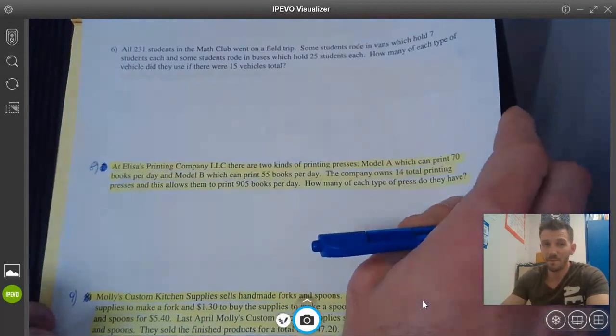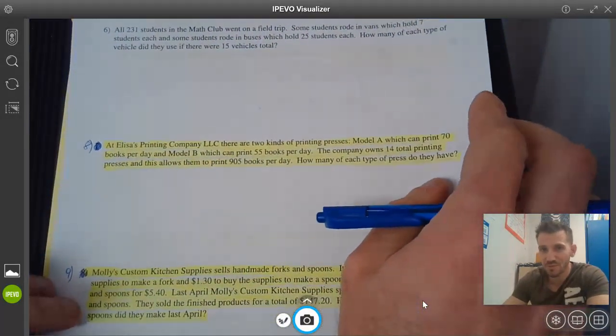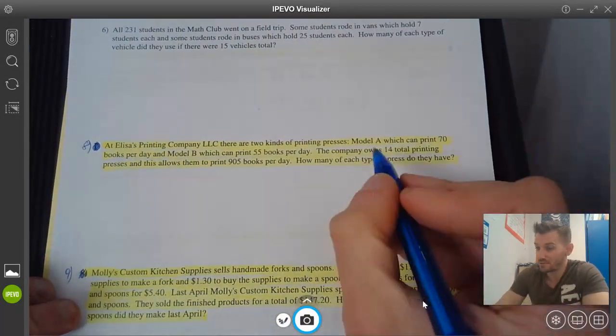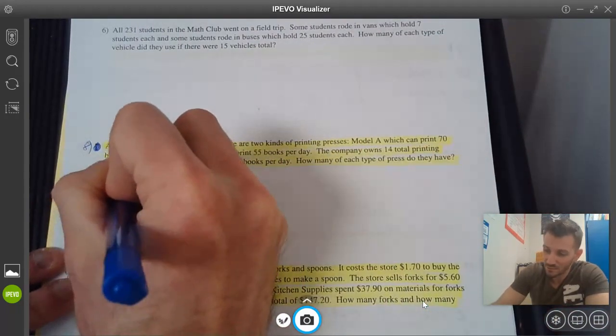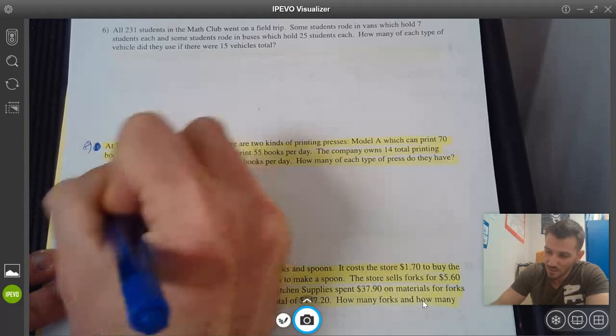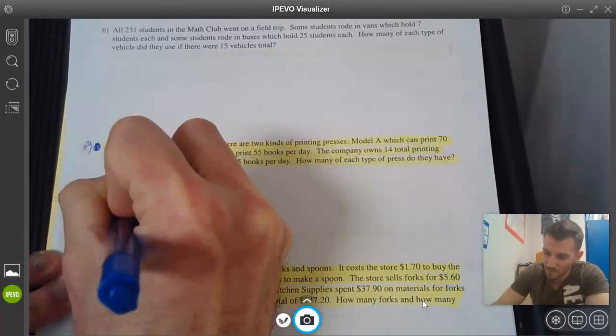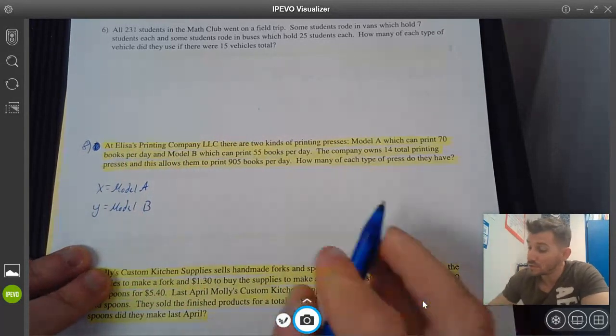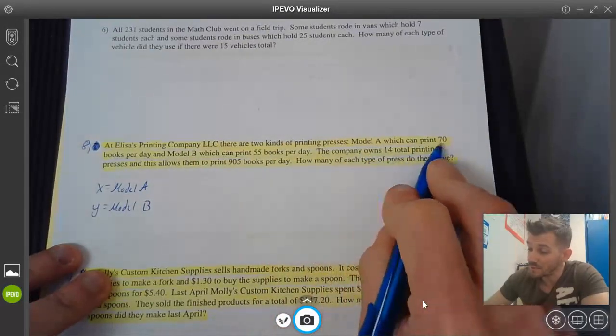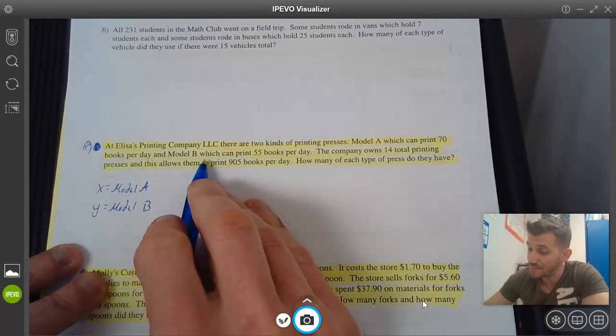All right. Printing company. There's 2 types of printing presses. They already tell you flat out. There's Model A and there's Model B. So X will be Model A. Y is going to be Model B. You always want to define the variable. All right. So Model A can print 70 books a day.